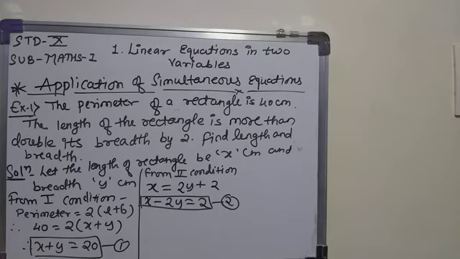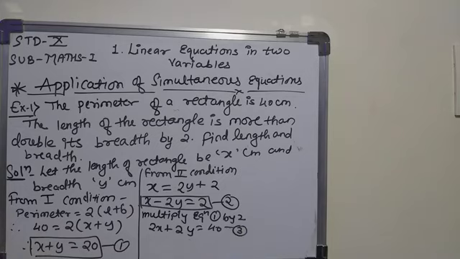We are going to multiply equation number 1 by 2. So you will get 2x plus 2y is equal to 40. Okay. This is equation number 3.